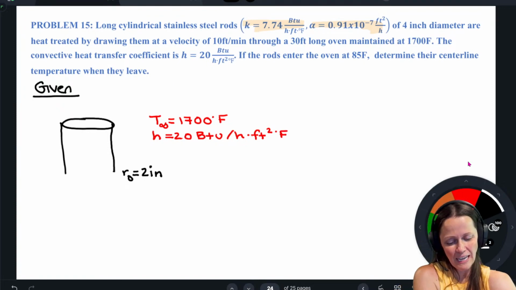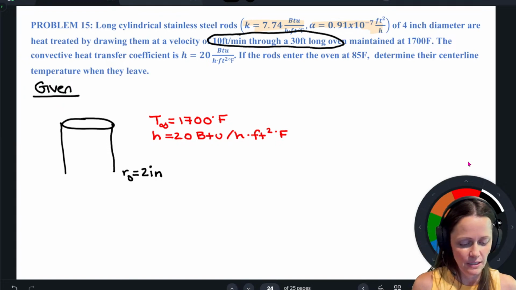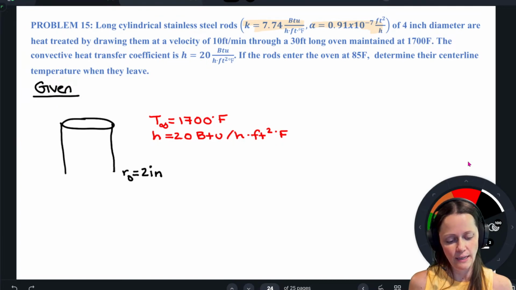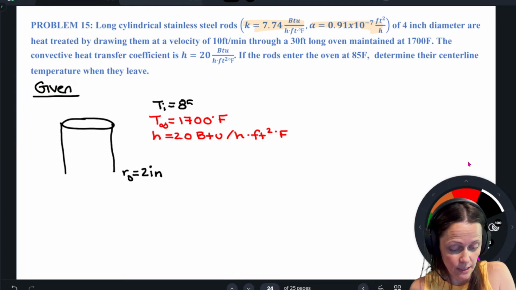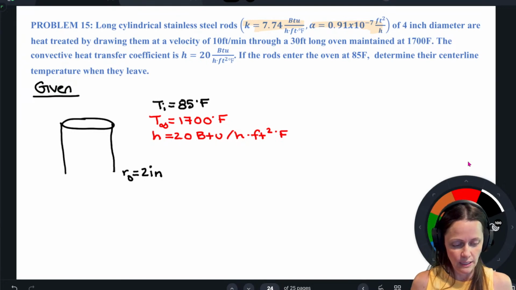And then they've given us that they're pulling it through this thing 10 feet per minute. The oven is 30 feet long. So they ask if the rods enter at an initial temperature of 85 degrees Fahrenheit, we want to find the temperature when they leave.